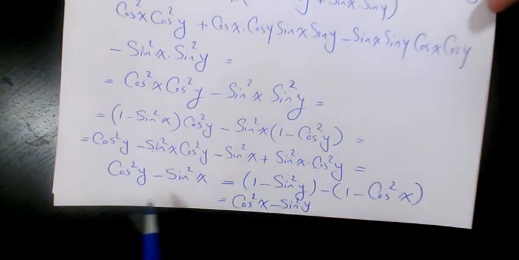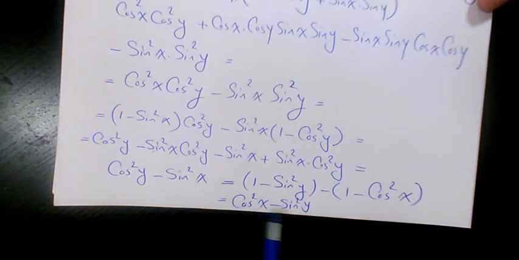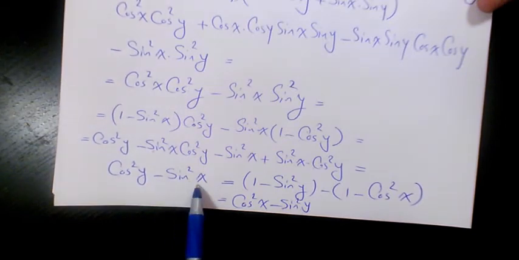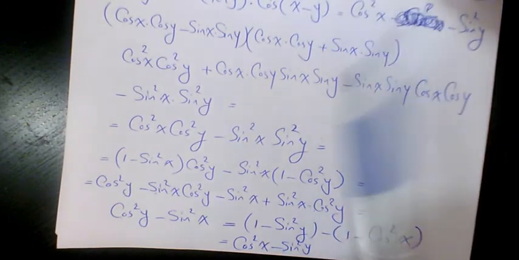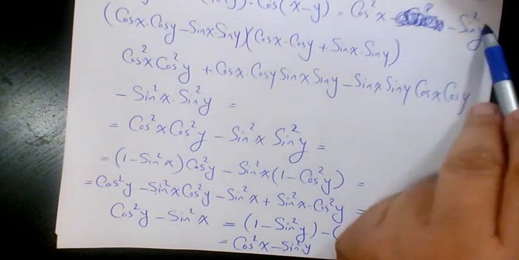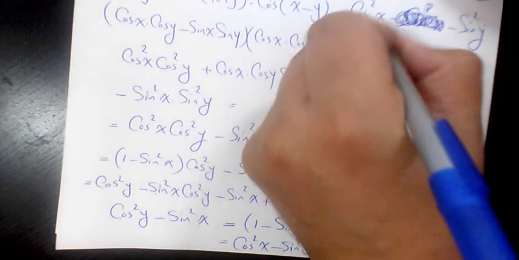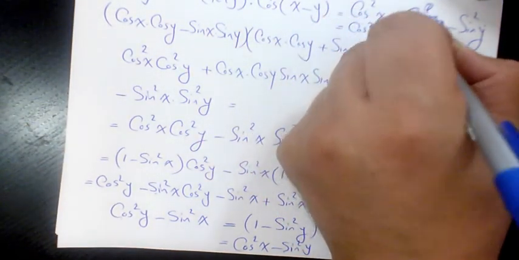So basically that's going to be equal to cosine squared x minus sine squared y, or cosine squared y minus sine squared x. So both of them are correct. So we can say cosine squared x minus sine squared y also equals cosine squared y minus sine squared x.